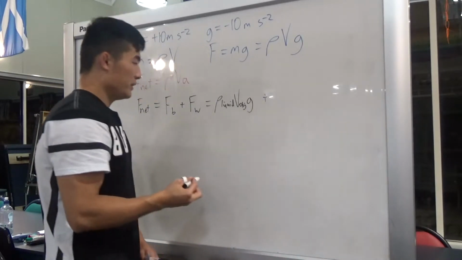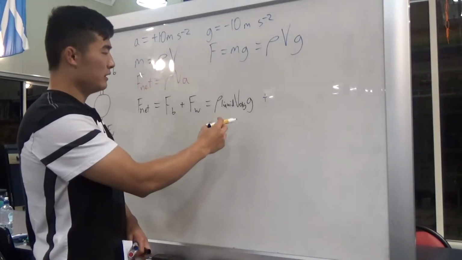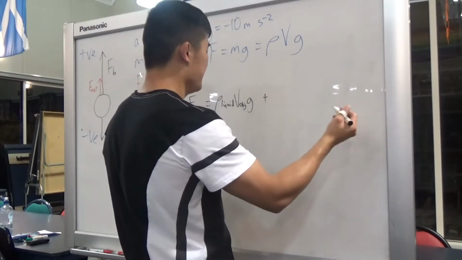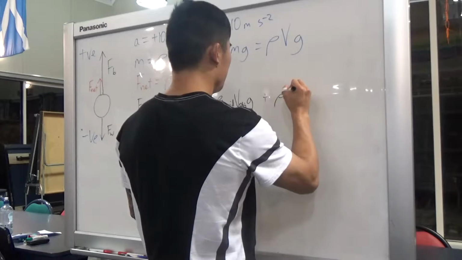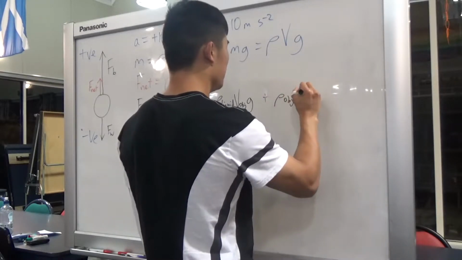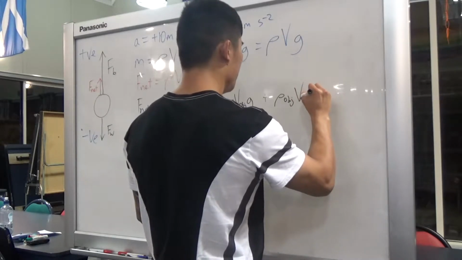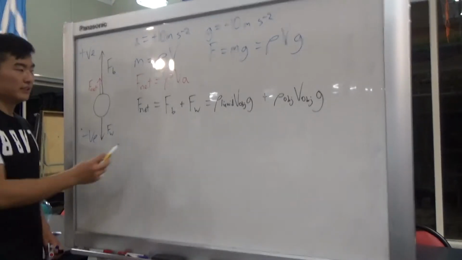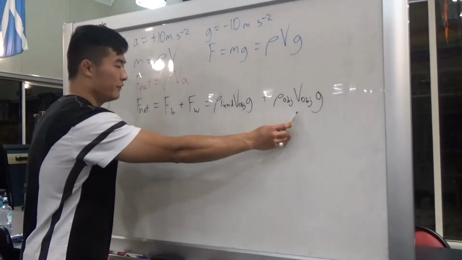And so what would happen, I'll just finish this. The weight force is going to be mass times gravity, but that's going to be density of the object multiplied by the volume of the object multiplied by gravity. Okay, so this is the buoyant force and this is the weight force.